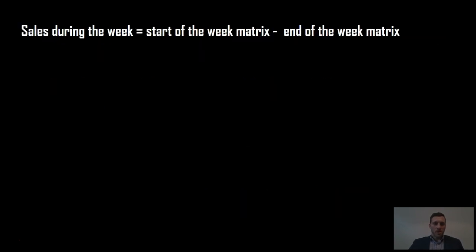So the sales during the week is going to be the stock at the start of the week matrix less the stock at the end of the week matrix. So I've labeled them matrix S and matrix E. So we're going to take away matrix E, the end of the week, from matrix S, which is the stock at the start of the week.